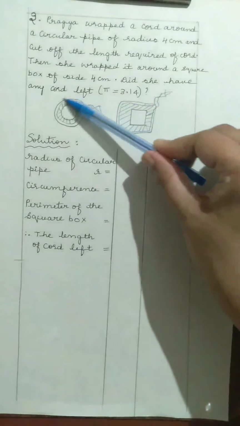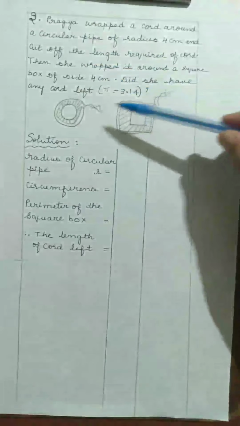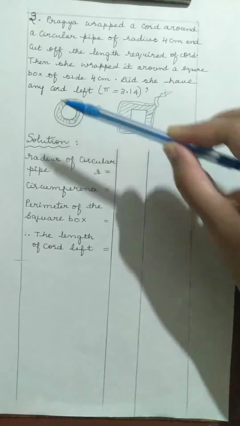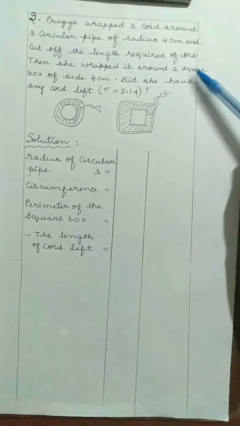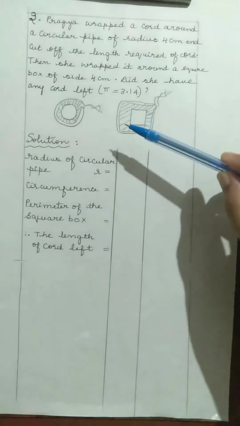So this cord has been cut out from the circular pipe. Then she wrapped it around a square box of side 4 centimeter.